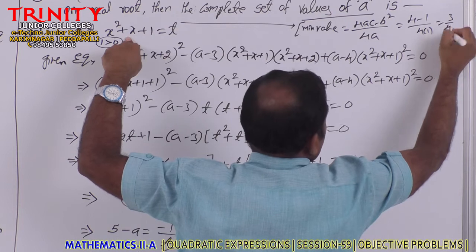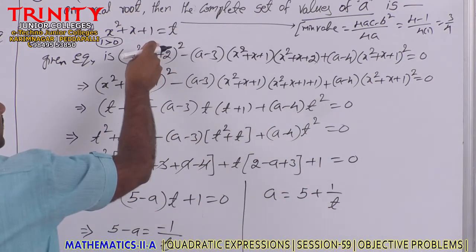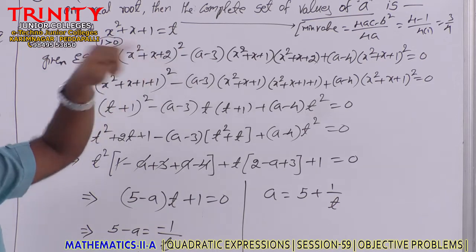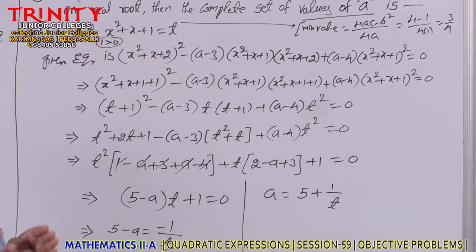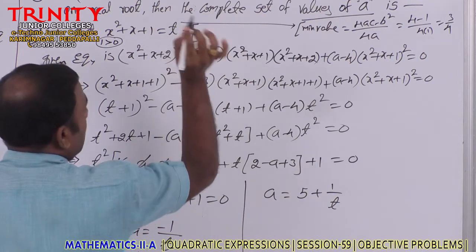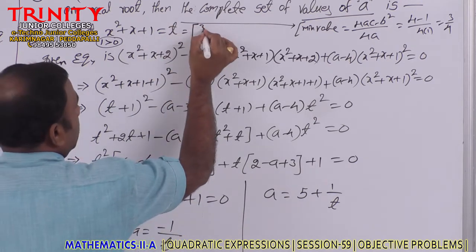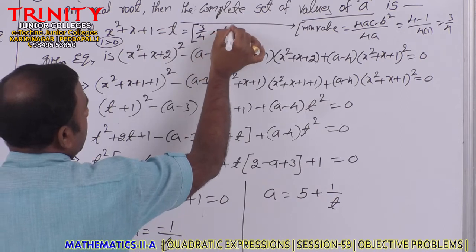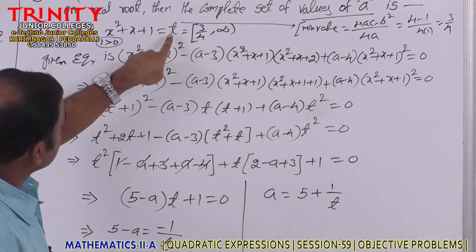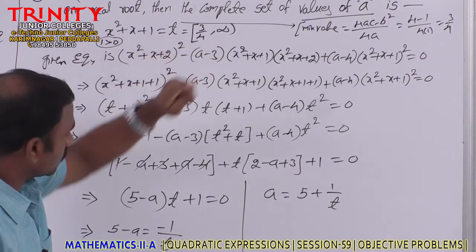Therefore, its value is 3 by 4. Therefore, this is greater than or equal to 3 by 4. The minimum is 3 by 4, the maximum is infinity. Therefore, t belongs to closed 3 by 4 to infinity open. Now we got the limits of t.